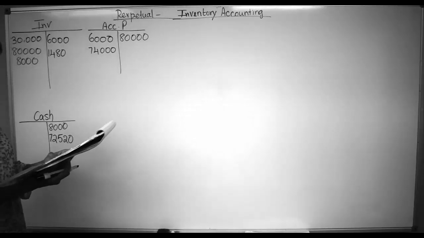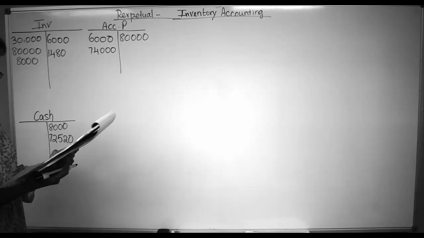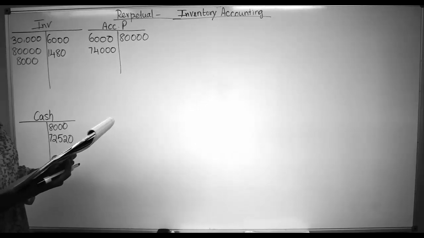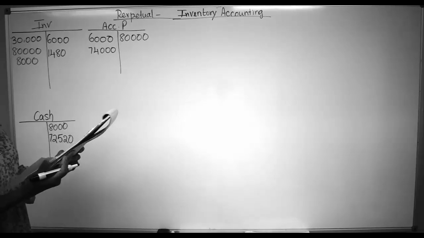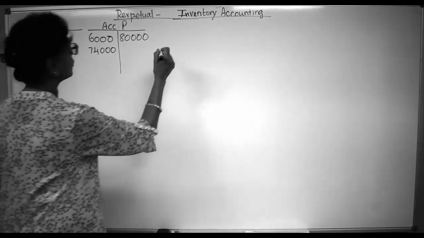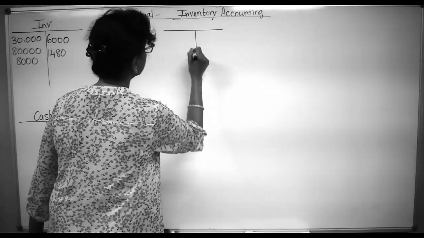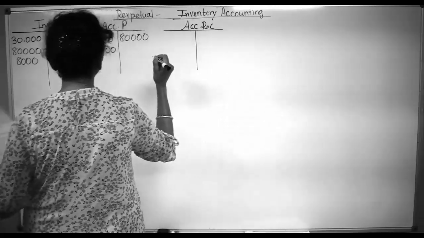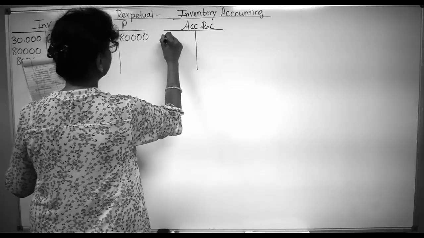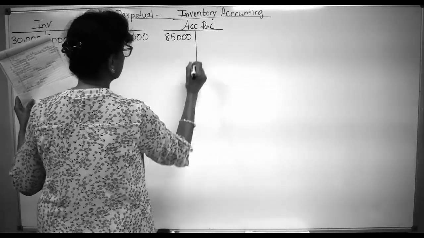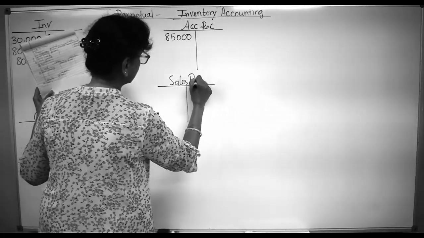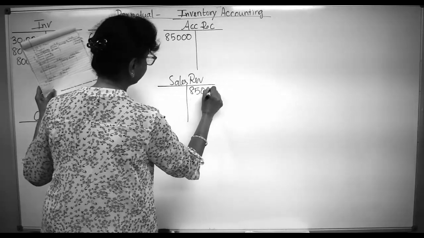Next one, on January 15th, the company sold some televisions to the customer for a price of $85,000 on account. The cost of the items sold, $45,000. So first, the sale is on account. Therefore, you debit accounts receivable for $85,000 and you credit sales revenue for $85,000.